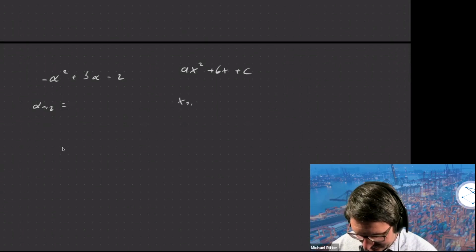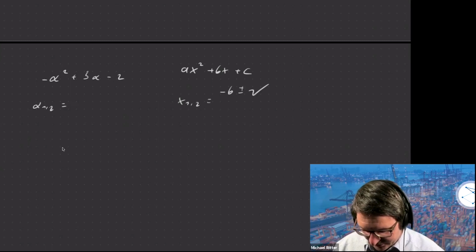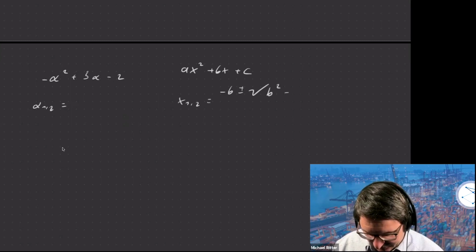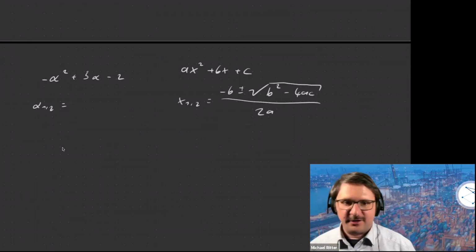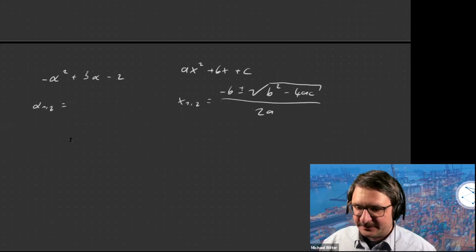And it goes like this. The 2 possible solutions can be obtained as minus b plus minus the square root of b squared minus 4 times a times c, divided by 2a. So that's the general formula for quadratic expressions, and that's exactly what we're going to use here.